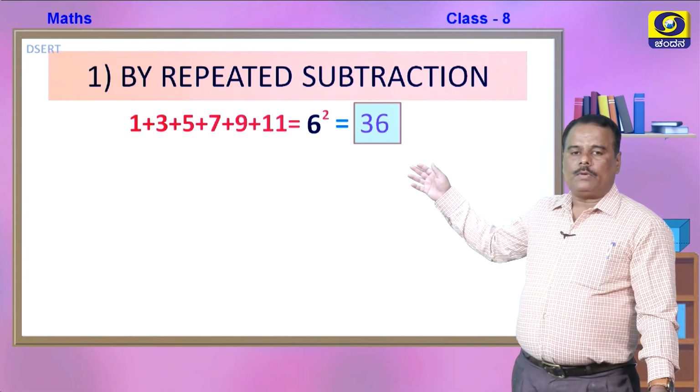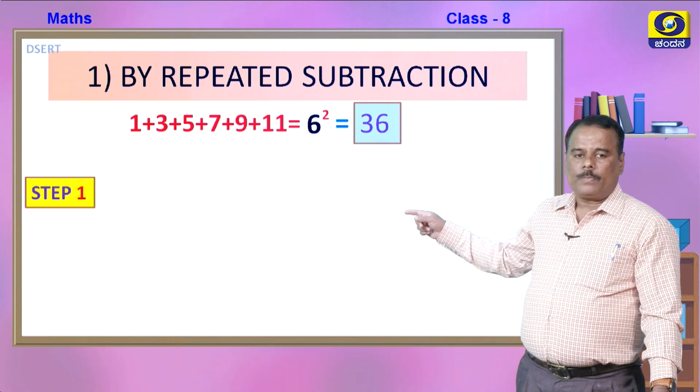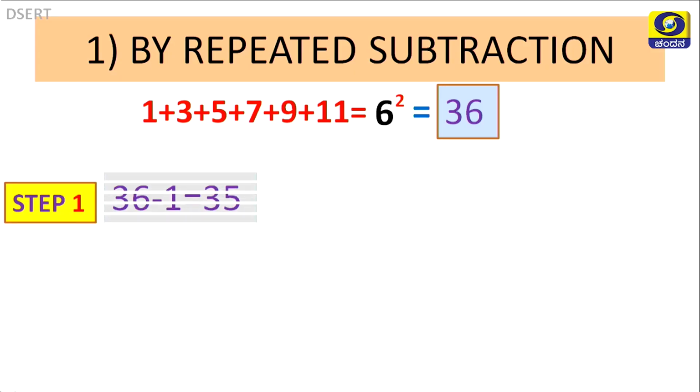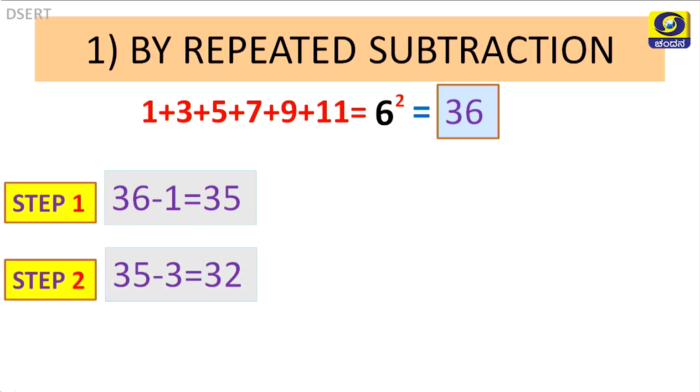Let us see how this will work. So, here in step 1, we will subtract the first odd natural number from 36 to get 35. Now, from 35, we will subtract the second odd natural number, which is 3, to get 32.